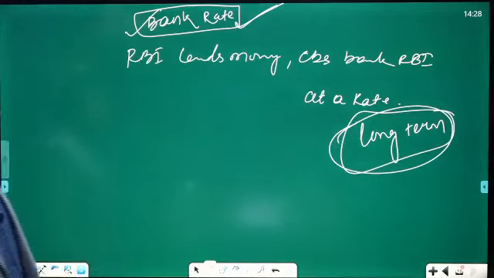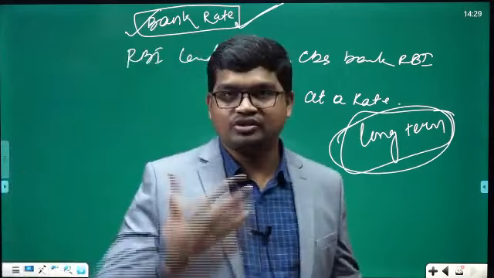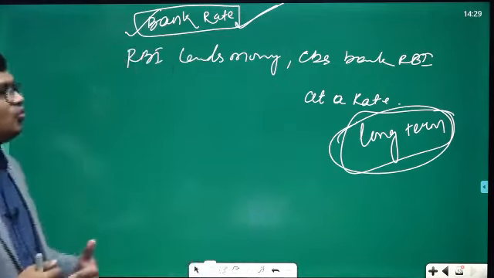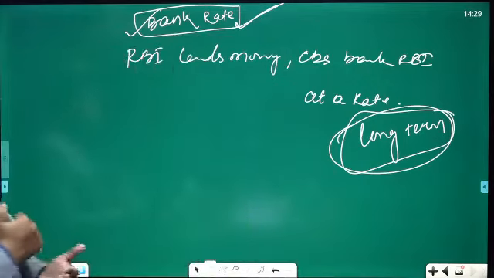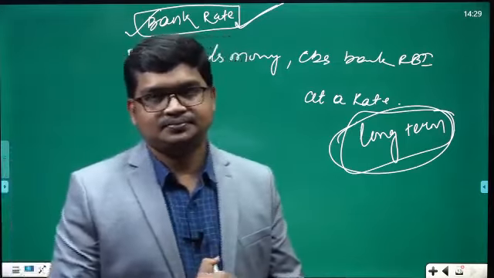So without any kind of securities and collateral, RBI gives a loan to the commercial bank at a rate which is known as your bank rate. Clear?